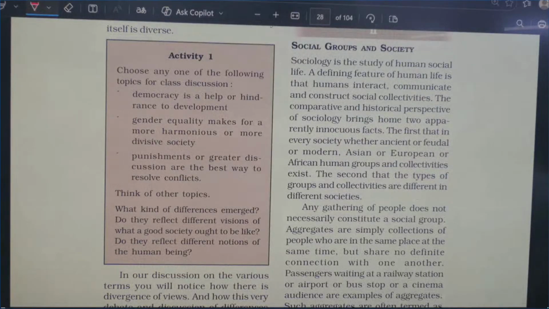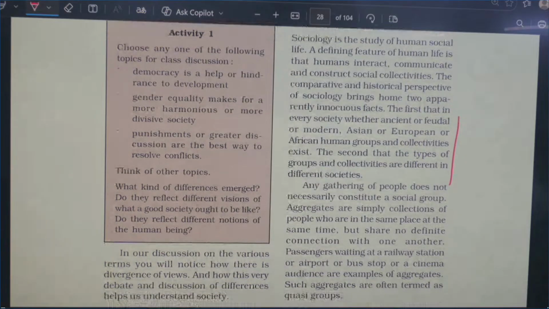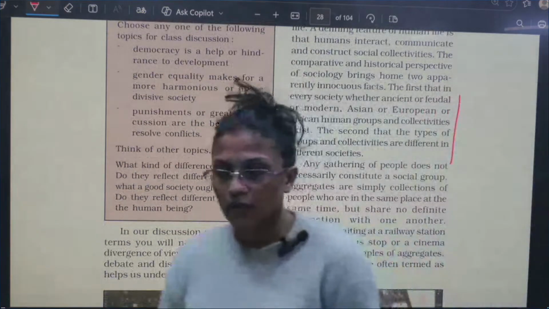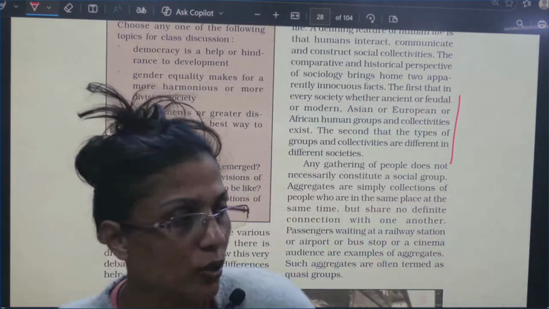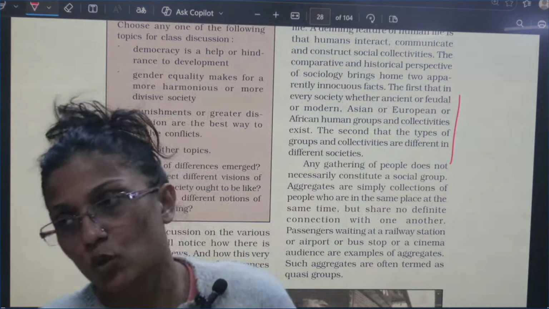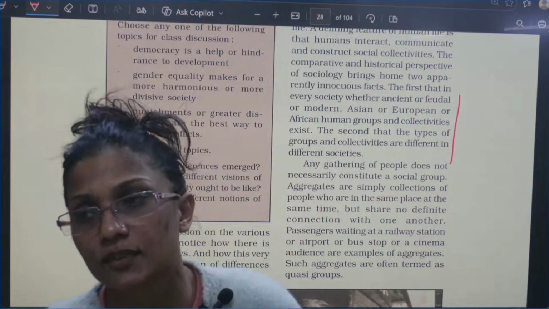Now write down social groups and society quickly. Write down here that society is made up of different social groups. What are we understanding by social groups? When do social groups come into existence? Whenever two people interact and share identities.